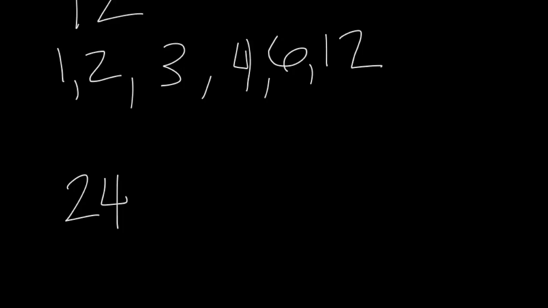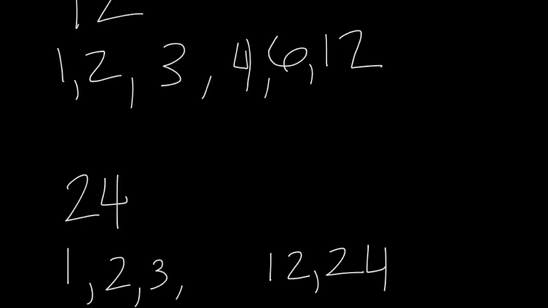And my factors for 24, we have 1 times 24 equals 24. 2 times 12. 3 times 8. And 4 and 6. So those are all of my factors between 12 and 24, and now we want to go through and circle those common ones.